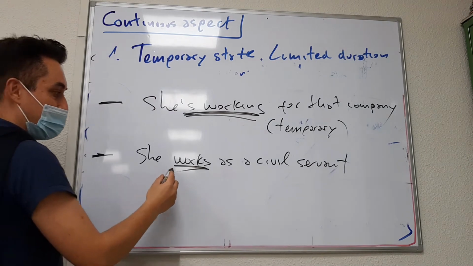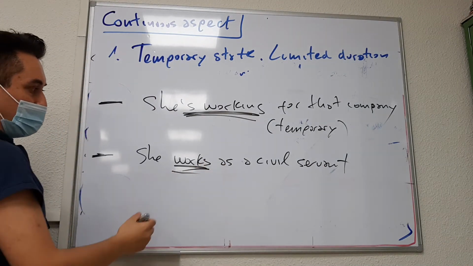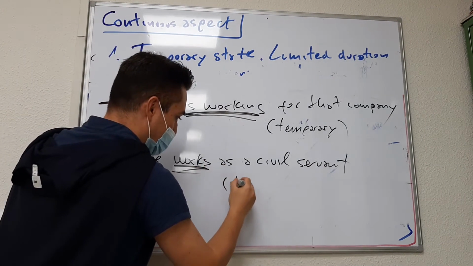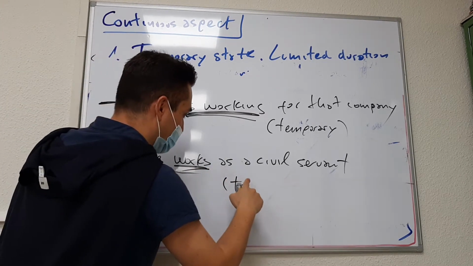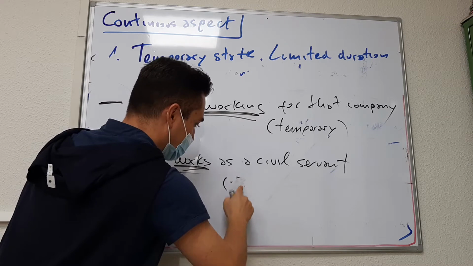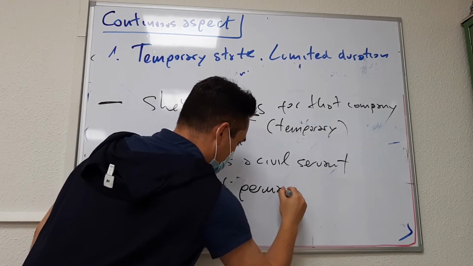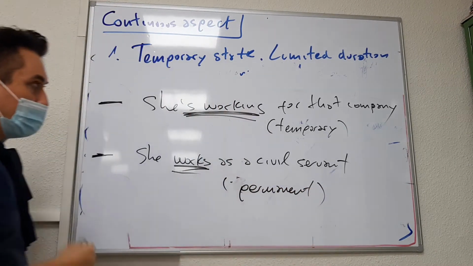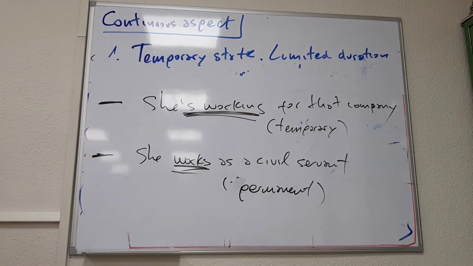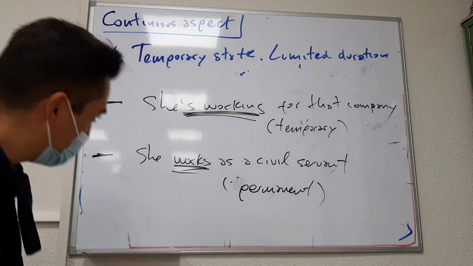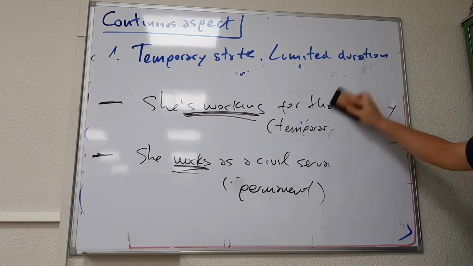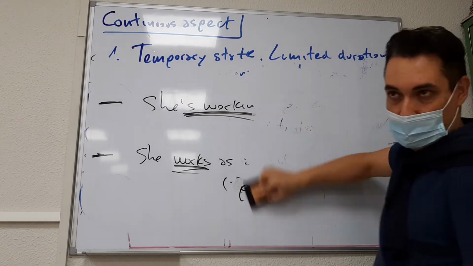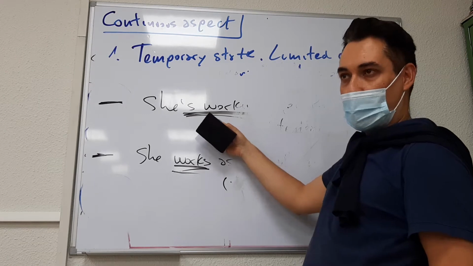But if I say she works for that company, or she works as a civil servant, I am suggesting, with the use of this aspect, that this is not temporary, this is permanent. So this is another use of the continuous aspect. She's working, temporary. She works, permanent.